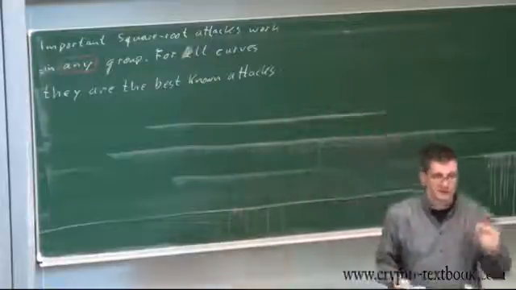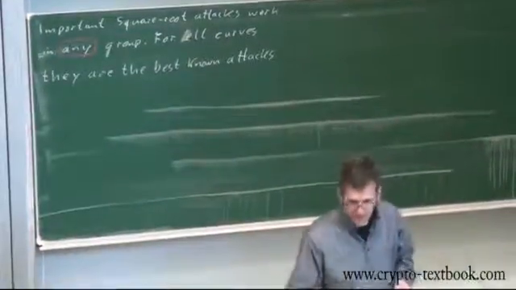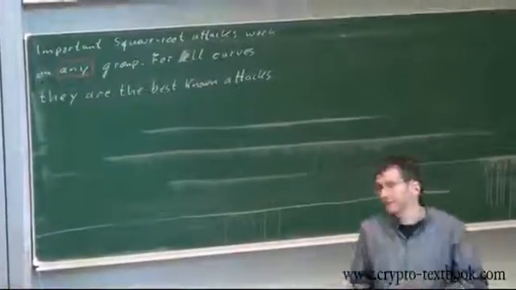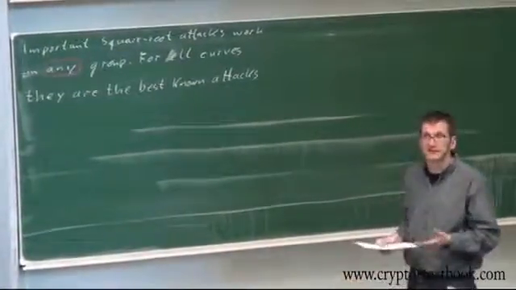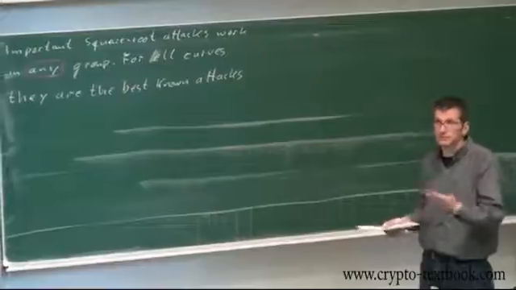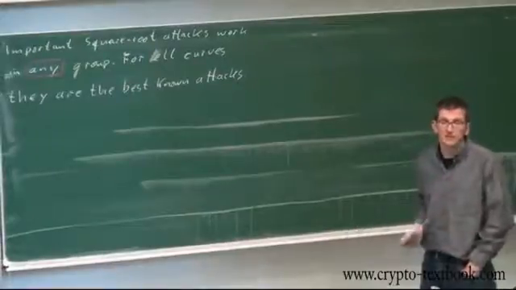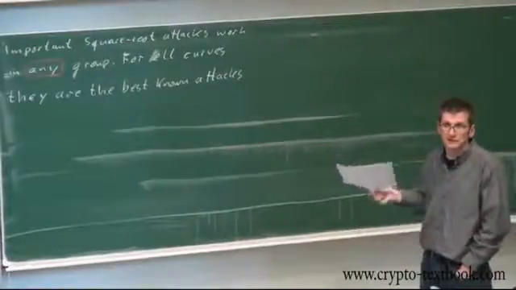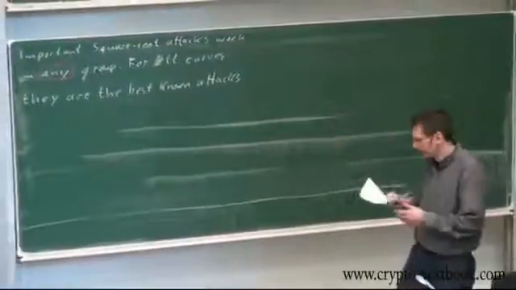And again, this is just factual knowledge. People don't usually say that clearly, and this is why the German national ID card, the Personalausweis, has elliptic curves in it, because these are the best attacks.